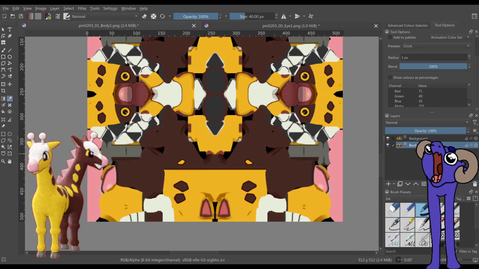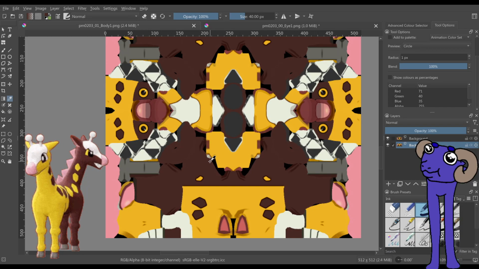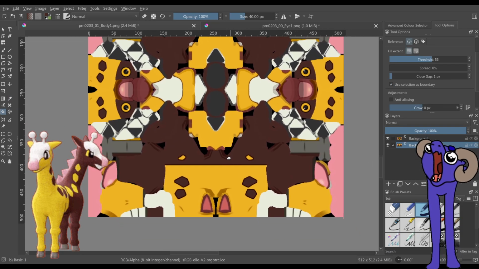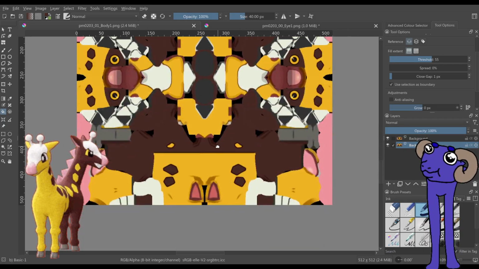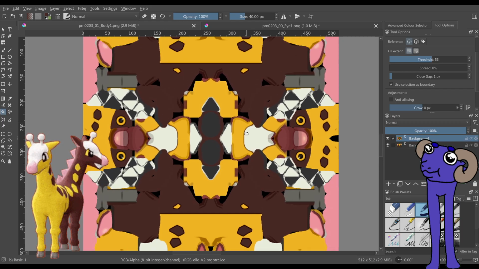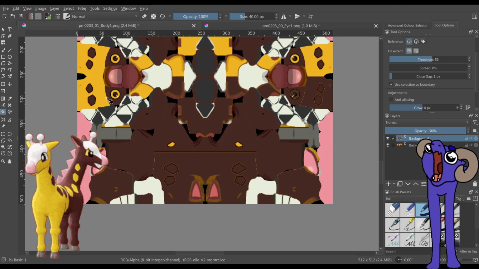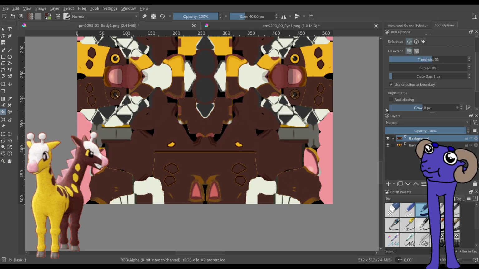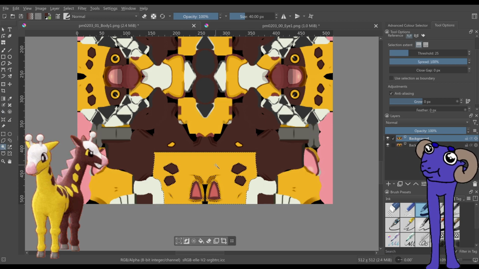So now we just gotta do this bit. So on the bottom, I need to change yellow to not yellow. Kind of like that. And then do the opposite to the opposite.